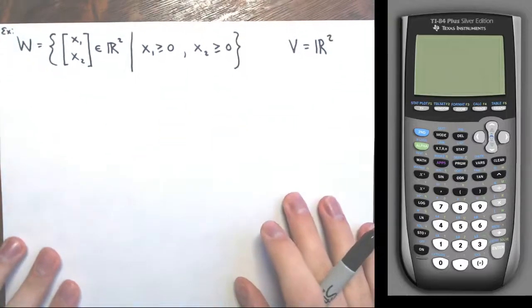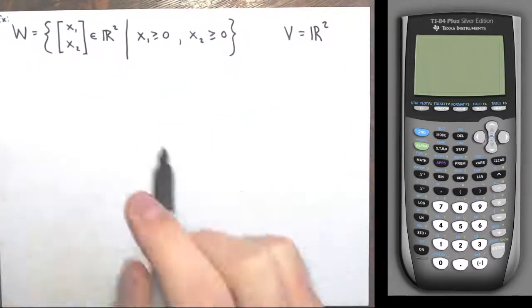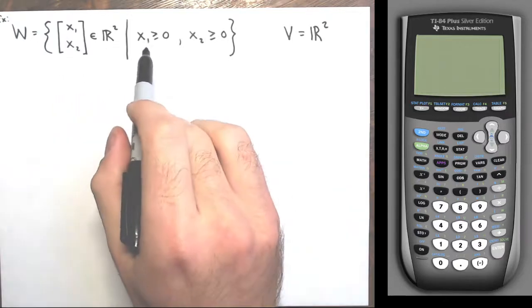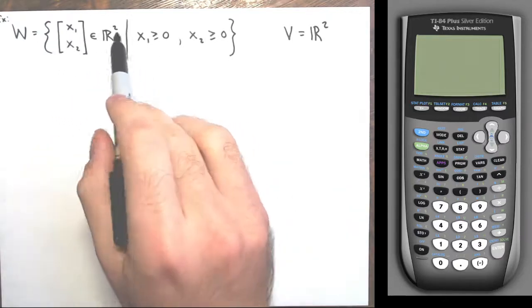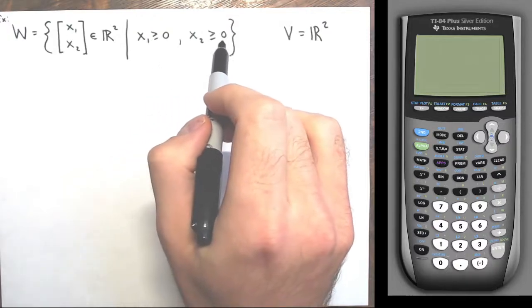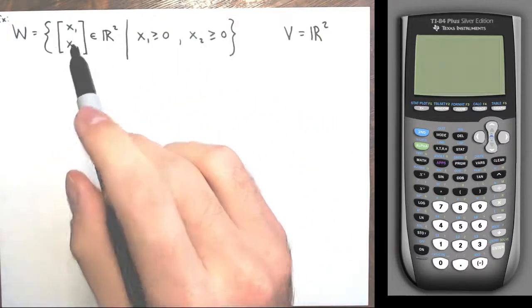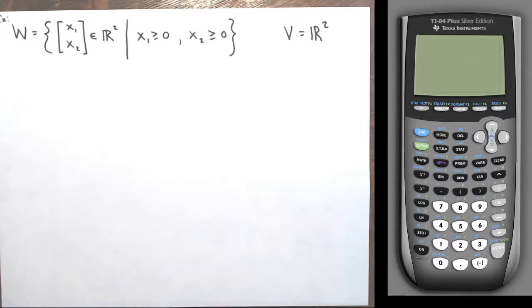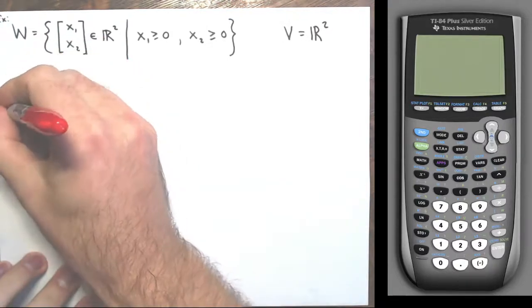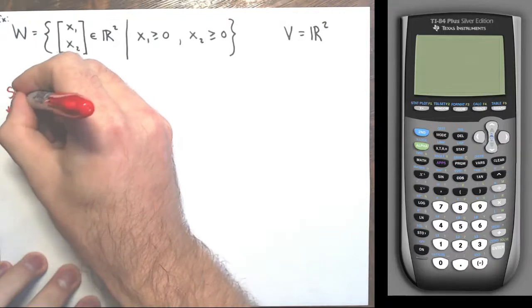All right, so here, a set of all vectors in R2, two components, such that the first component, x1, is non-negative, greater than or equal to 0. The second component is also non-negative, greater than or equal to 0. So again, before I go into proving anything, can you name some vectors in W?